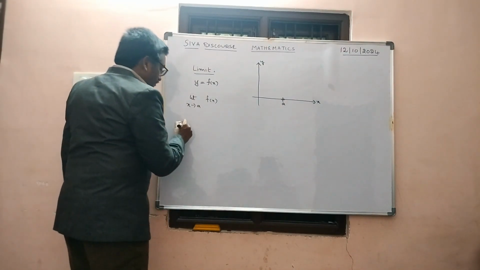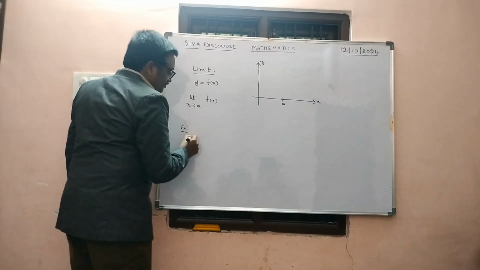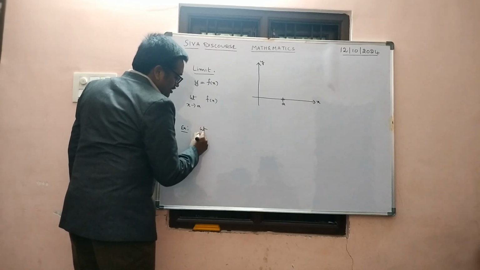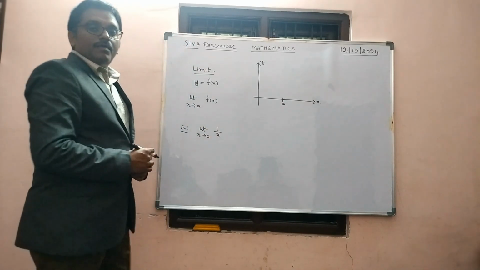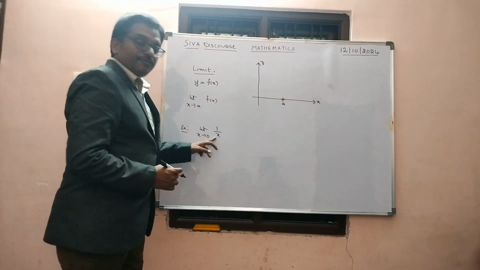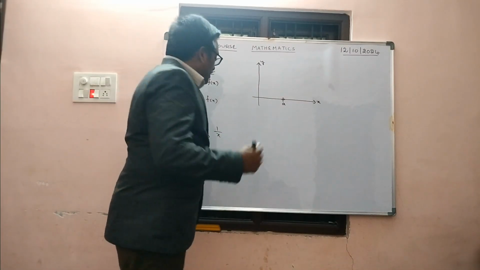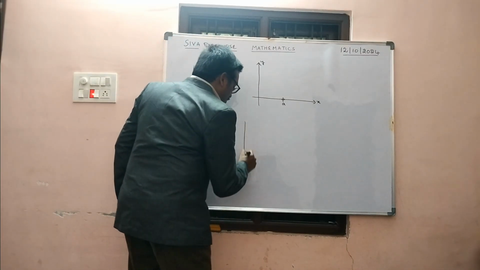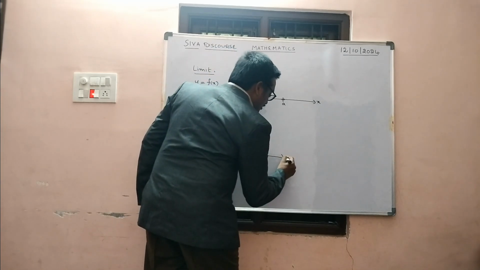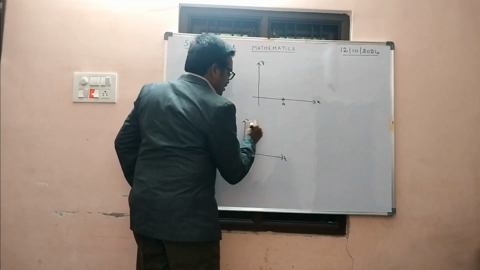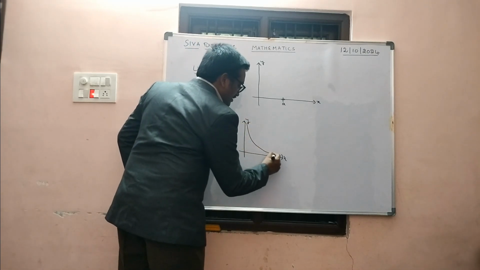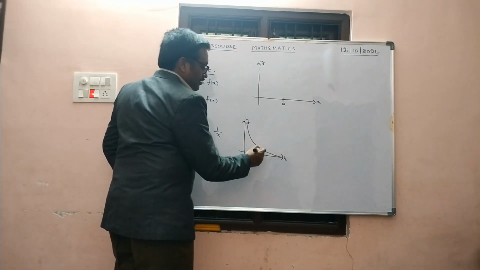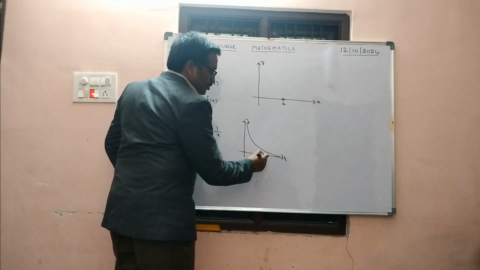For example, if we consider a limit x tends to 0, 1 by x. So if you draw the graph of 1 by x, y equal to 1 by x, if we try to draw x axis here and y axis, that's a hyperbola like this passing through 1 1, and if you consider x value is 2, it is half, 3, 1 by 3 like that.